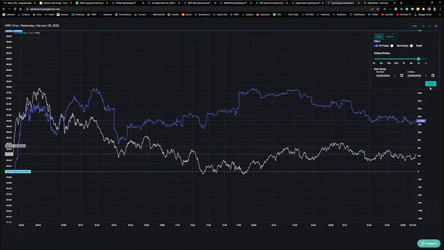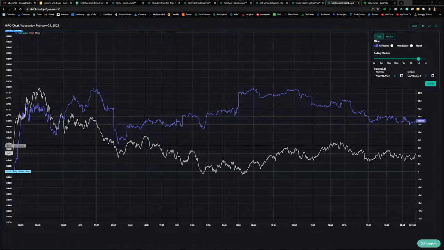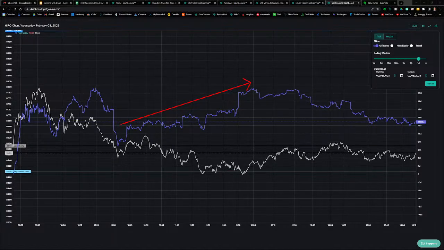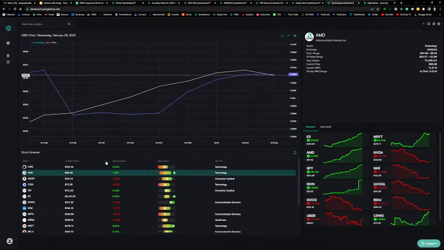Looking at a divergence long that so far has not played out. Looking at this and expecting a long setup, and so far that really hasn't played out. So for Hero, not much there. Let's go on to the next one.